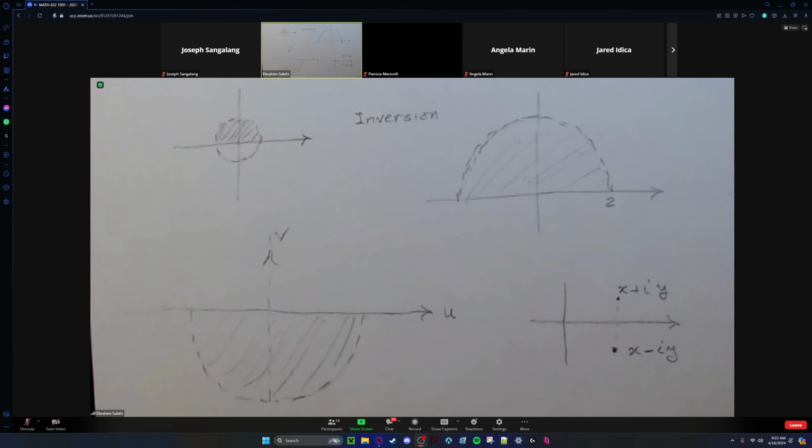Any other comment or question? As I said, this is a fascinating subject, mapping, when you think about complex functions as mappings. And we do have a good application in chapter 18, when we want to solve a Dirichlet problem.